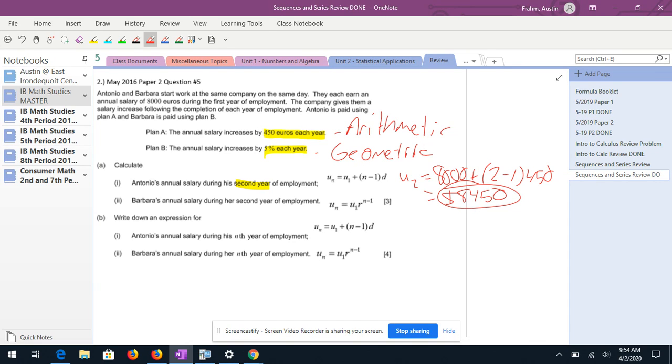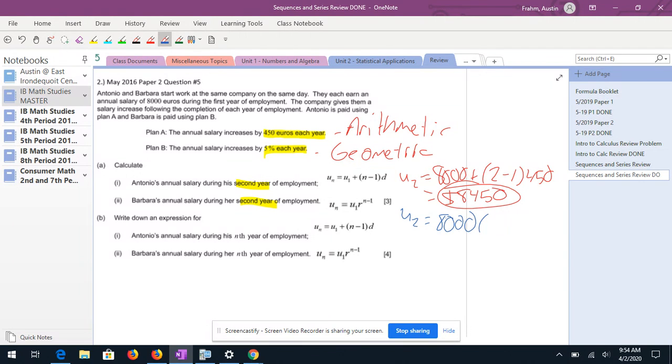Part 2 of letter A says Barbara's annual salary during her second year. So now we're using the Un equation for geometric, since that's what her sequence is. So U2 for Barbara is going to be, again, 8,000. That's her U1 times the r value.